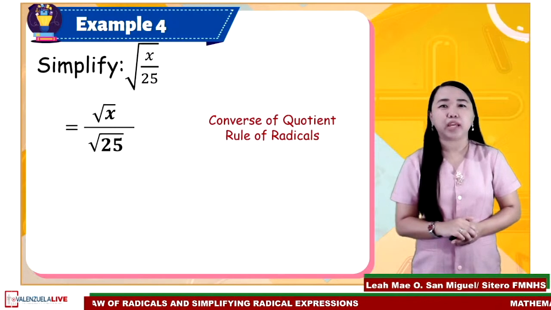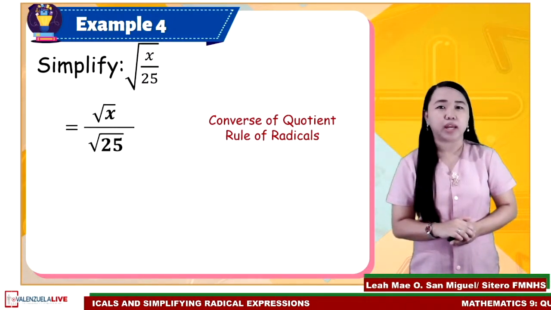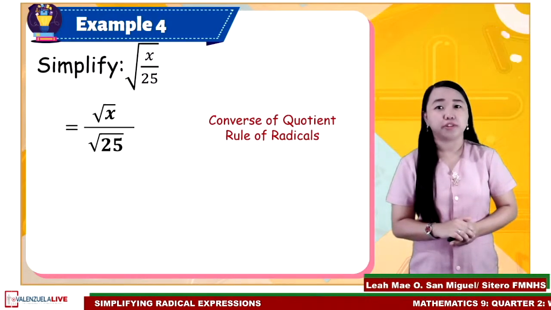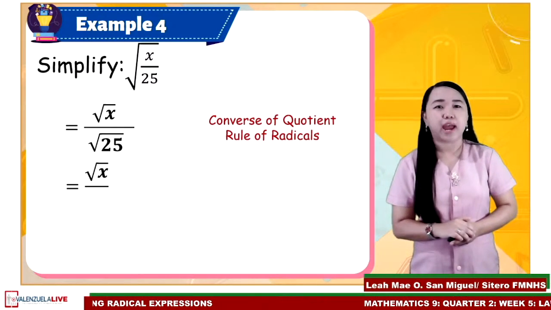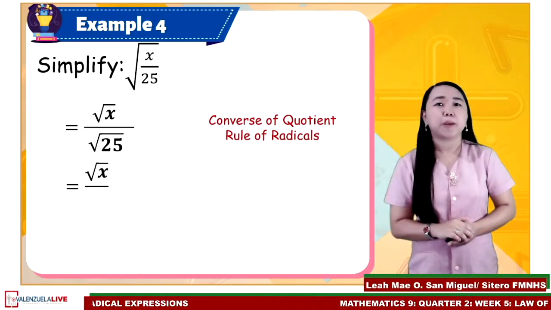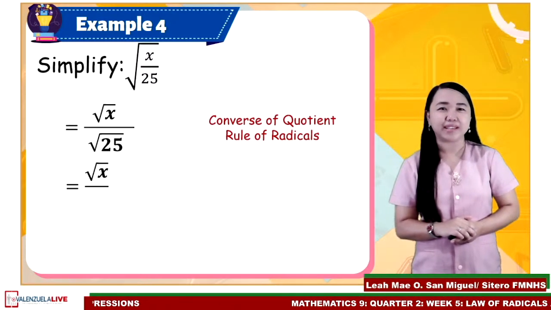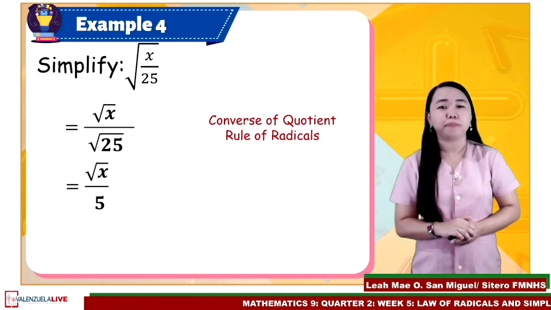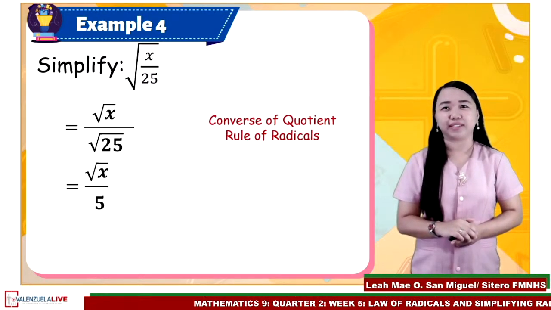In the numerator, the radical x is not a perfect square, and it has no perfect square factor. Thus, it remains. For the denominator, the radical 25 is a perfect square, and the square root of 25 is 5. Therefore, the simplified form is square root of x over 5.